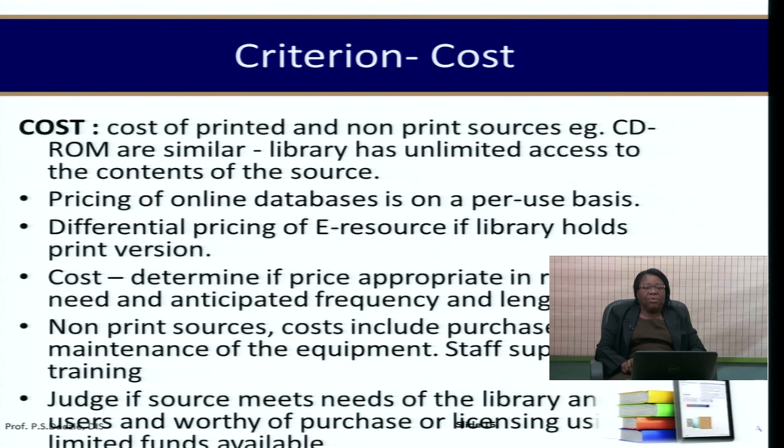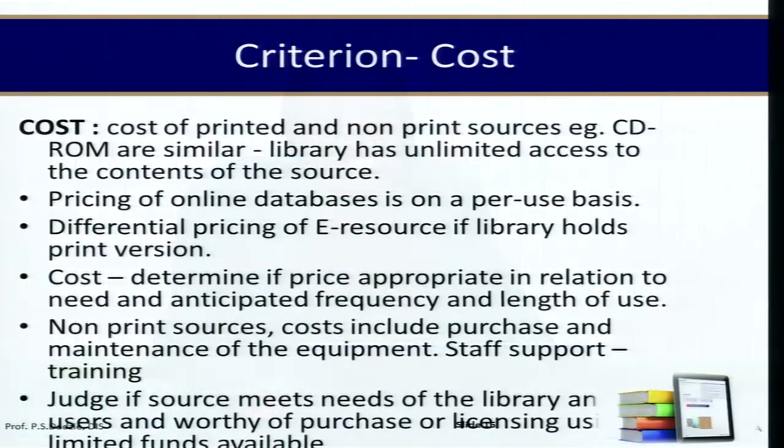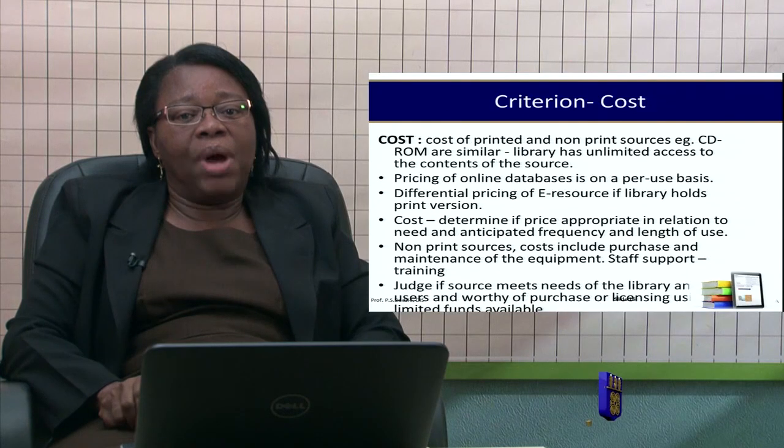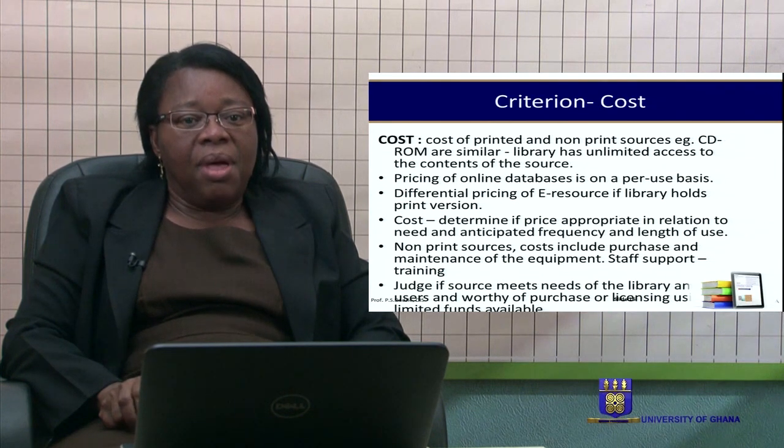Then the last criterion, known as cost. Cost is very relevant for everything. So the pricing of materials, the pricing of online databases, the pricing of CD-ROMs. If the cost of any material is so expensive, you will have to make a choice.